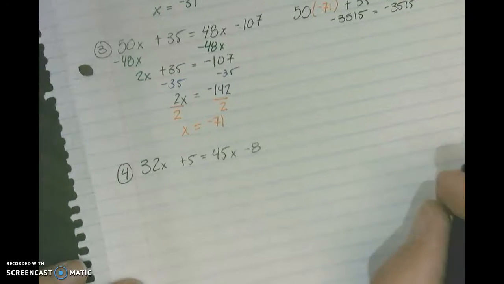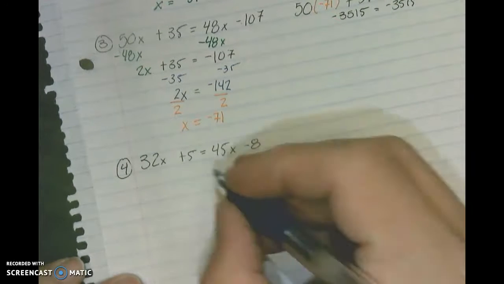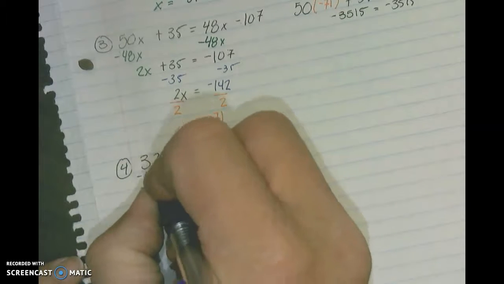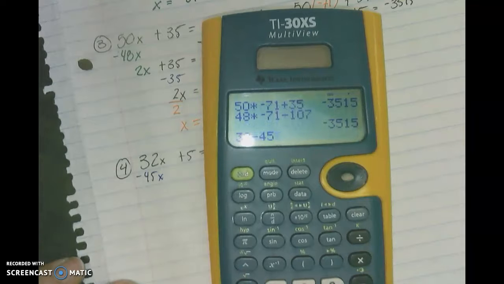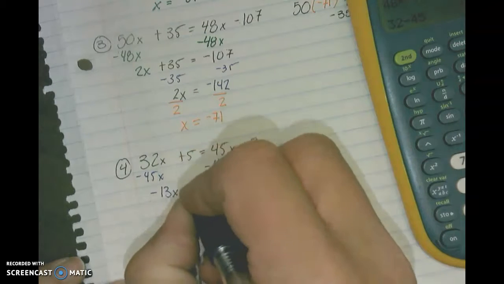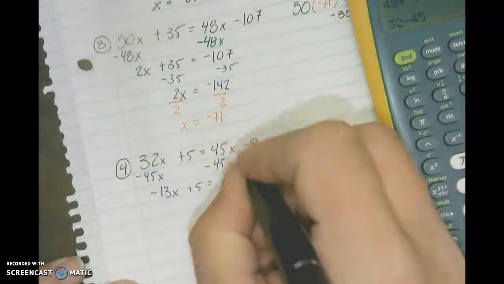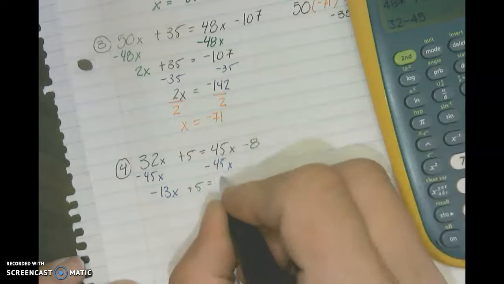So what we're going to do is we are going to subtract this 45x over. So then I'm going to go 32 minus 45. That gives me negative 13x. Just bring down that 5 is equal to, and that goes to 0, and then I'm just left with negative 8.